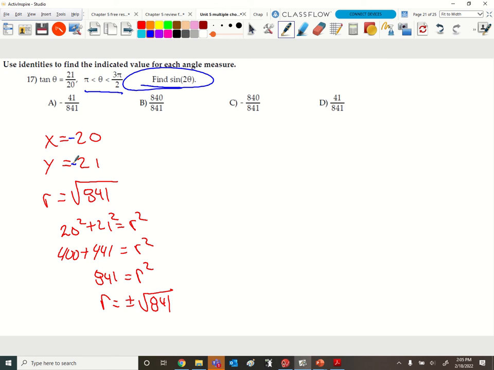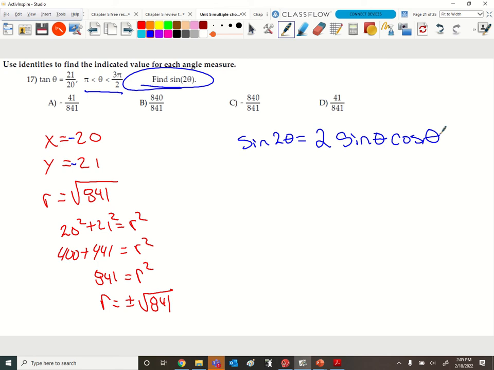So we're trying to find sine of 2 theta. So I go find my reference sheet, sine of a double angle. It's going to say sine of 2 theta is equal to 2 sine theta cosine theta, right? That should be the top of my double angles, on the back side of the reference sheet, the very top.